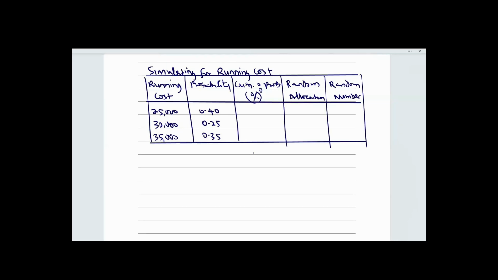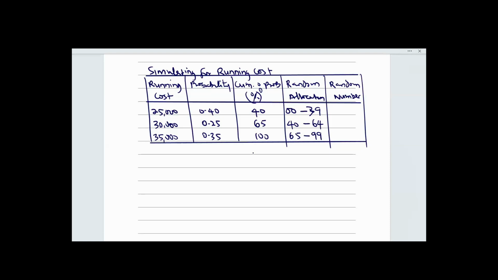So the same way we did for revenue: 0.4 will be 40%, plus 25 gives 65%, then 100%. So starting from 0, 1 minus 40 is 39. After 39 is 40 to 64. Then 65 to 99.